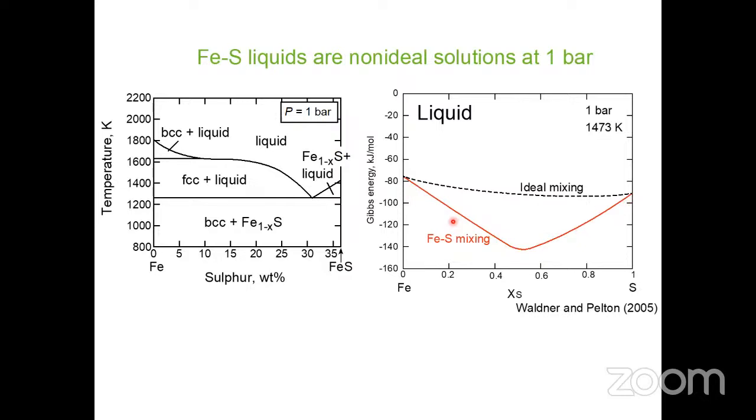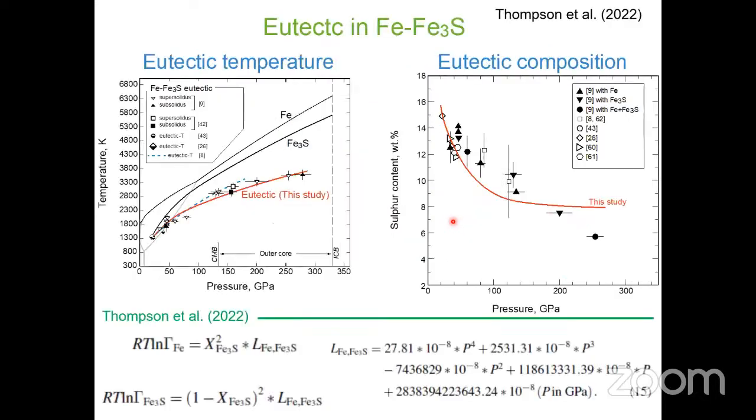The question here is how this evolves with increasing pressure. How we did this is to reproduce the experimentally constrained eutectic temperatures, which I showed you 5 minutes ago. To reproduce this eutectic point, we adjusted the gamma coefficient at each pressure and then fitted it to a polynomial function.